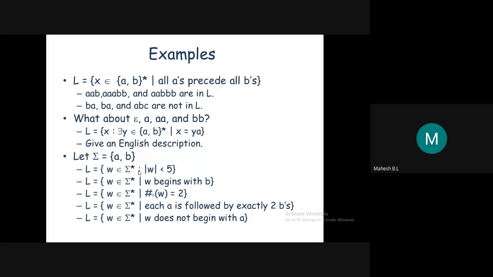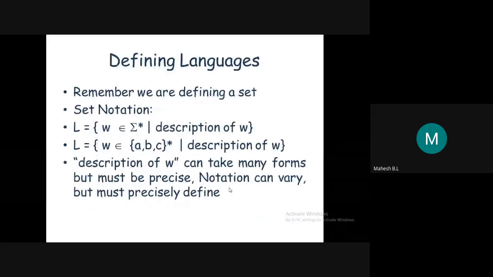Whether epsilon belongs or not can be easily identified. That's why the description has to be precise. If the description is not precise, then you cannot identify whether a string belongs to the language or not. These are a few examples.